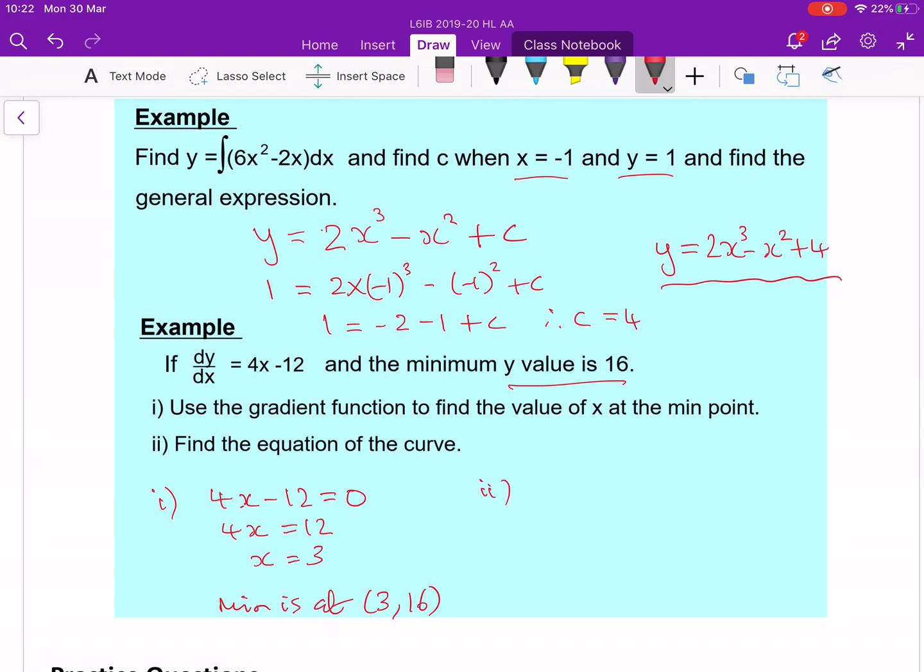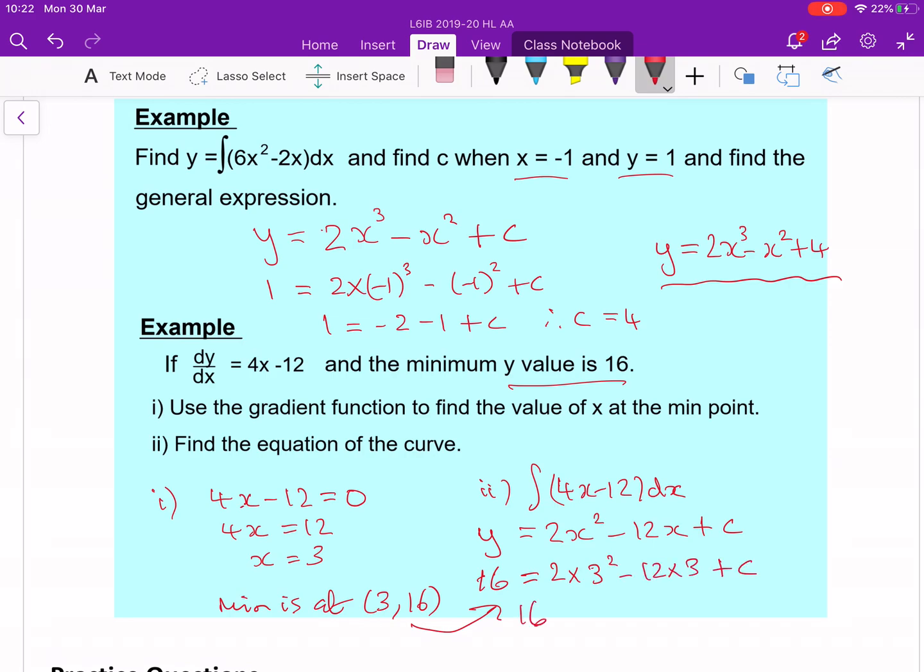Find the equation of the curve. Well, I'm going to have to integrate 4x minus 12. So that's going to give me 2x squared minus 12x plus c. So there's my equation. If I plug in the values that we've then got from this point, then again I can work out what I get for c.